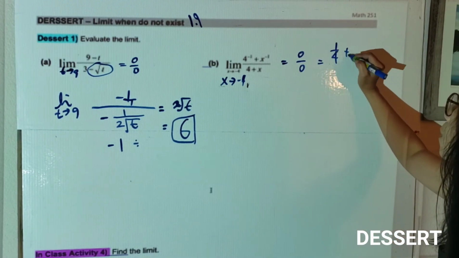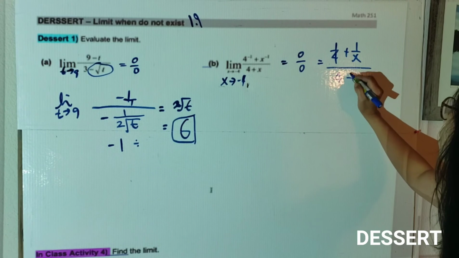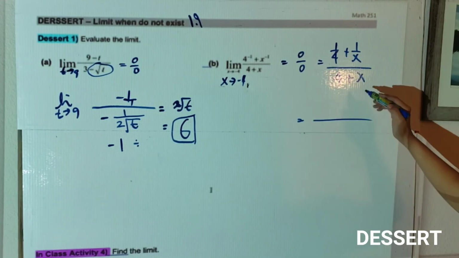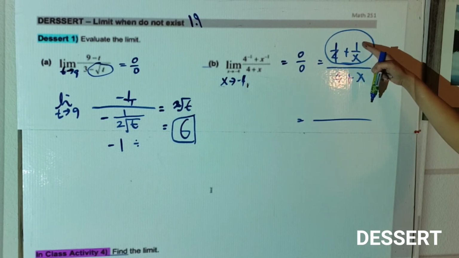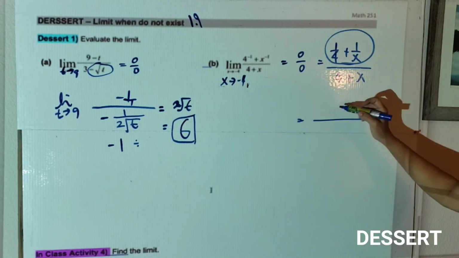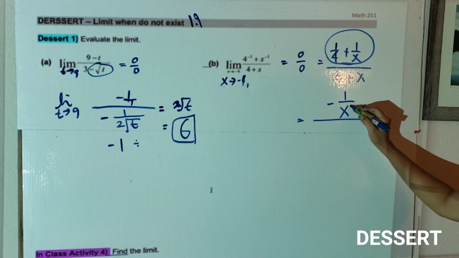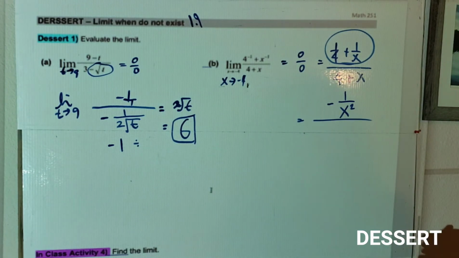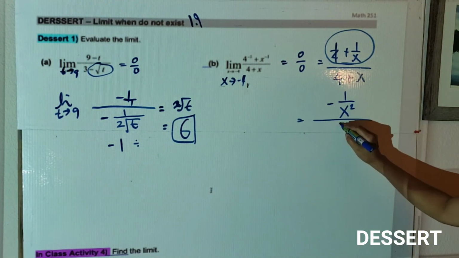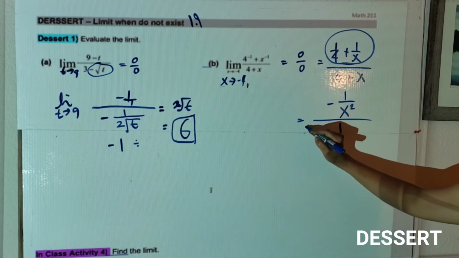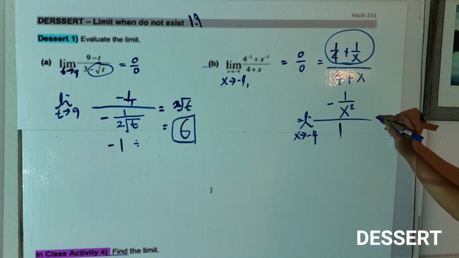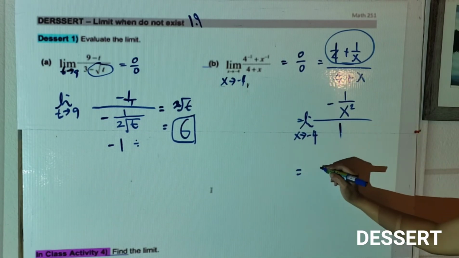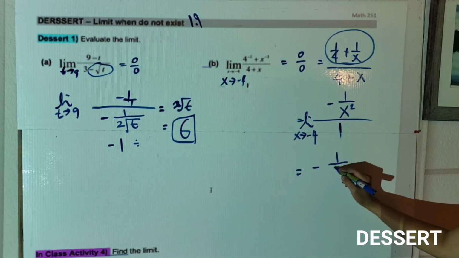That means 1 over 4 plus x, minus 1 over 4, all over 4 plus x. Take the derivative of the top: the constant cancels out, and basically 1 over x. If I take a derivative, -1 over x squared. Then the bottom is going to be 1, and the limit goes to x as -4. If I plug in now, that's going to be -1 over 16.